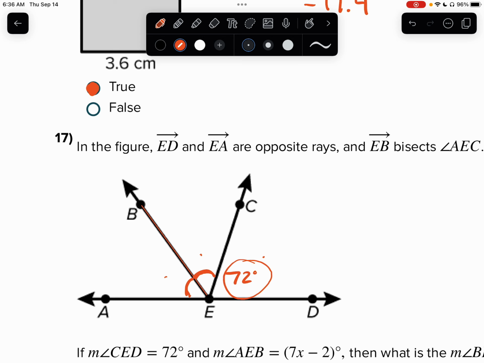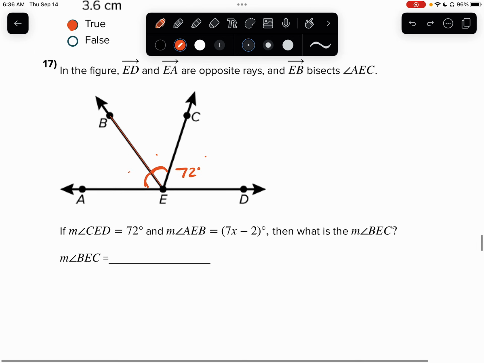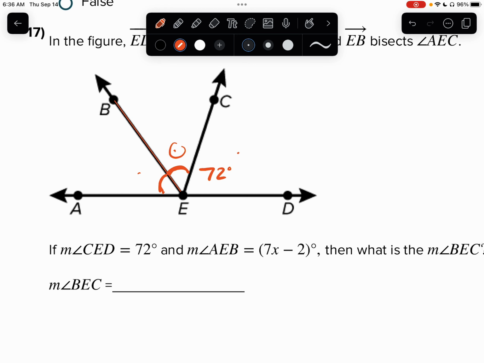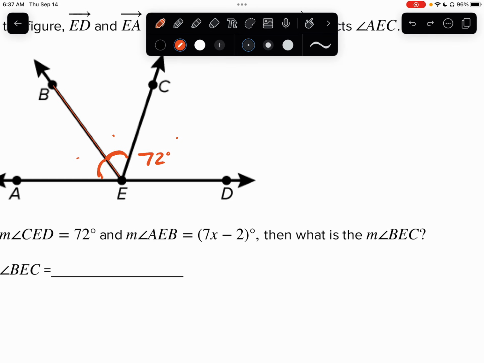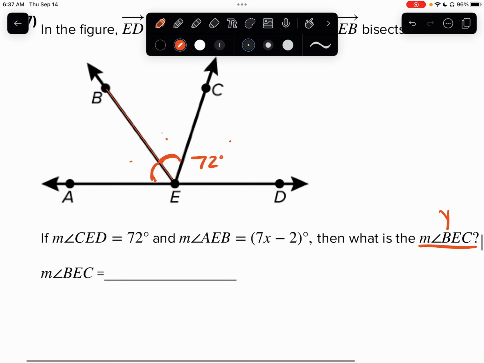And I know that that's 72. And I just need to figure out what the measure of this angle is here. I don't actually need to solve for x. And I can do that pretty easily because I know these 2 angles are the same angle. So that measure of angle BEC, we're going to call that y. So this is y degrees, and this is also y degrees.